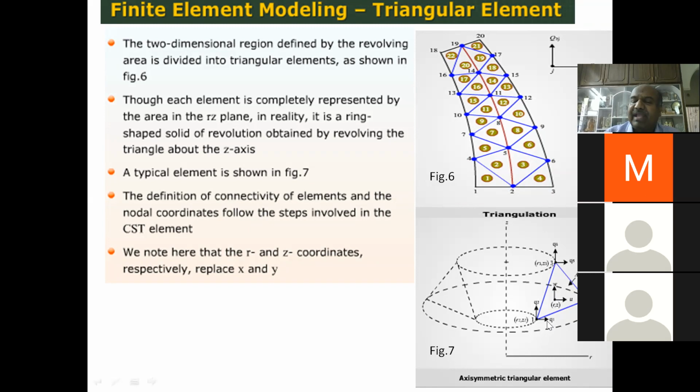So typically, if you take a triangle element, circumferentially, when you show the whole volume it looks like this, and at node 1 you have two displacements, one in radial direction Q1, the other one is tangential Q2. Similarly here Q3, Q4, Q5, Q6. Anywhere in the plane, your displacement function is radial direction u, tangential direction w.